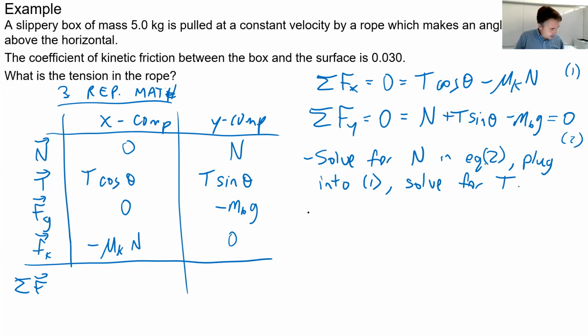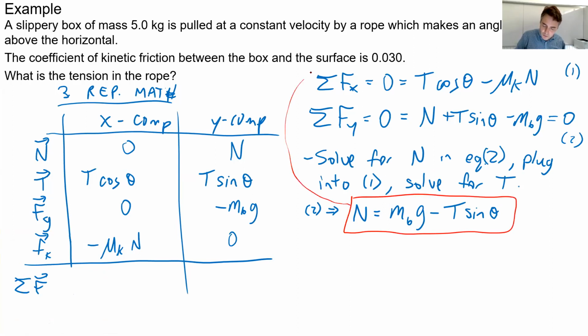So equation 2 implies that N is m_b times g minus T sine theta. Now I'm going to plug that into the normal force there, and then solve it out for tension. It does take a little bit of algebra.